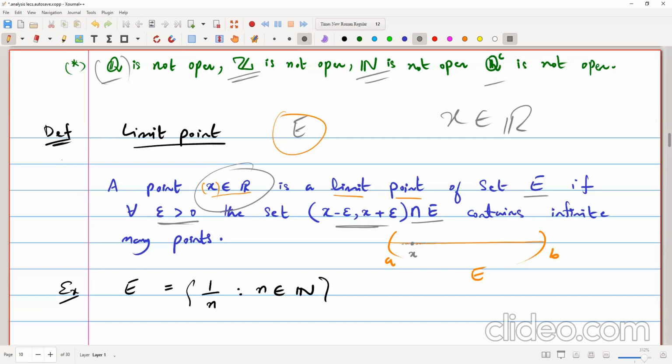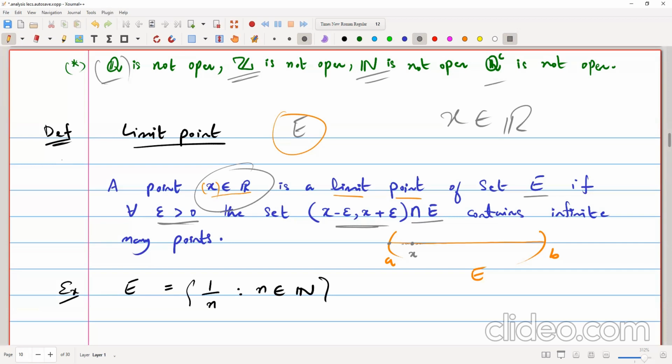This will be more clear with the examples when we move on to them. And this point may or may not be in the set. For instance, this point can be here on A, whereas this A, which I make as an open interval, is open.